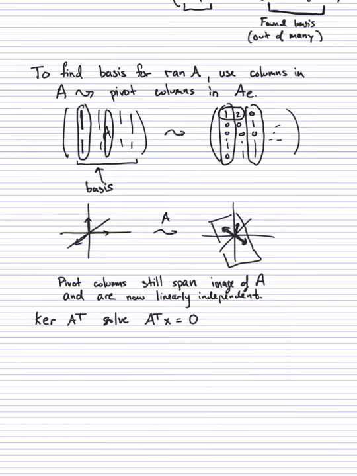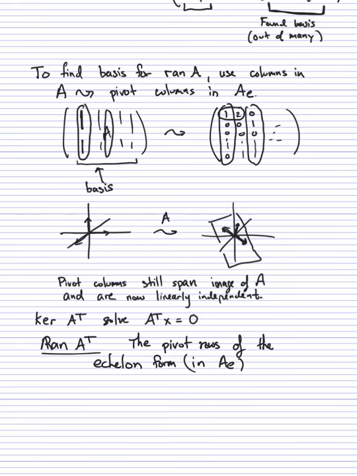And for the range of A transpose, you get lucky in a sense that the pivot rows of the echelon form, so this is in the form for A, not in the original matrix, but now in the new form, give a basis for the image of A transpose.